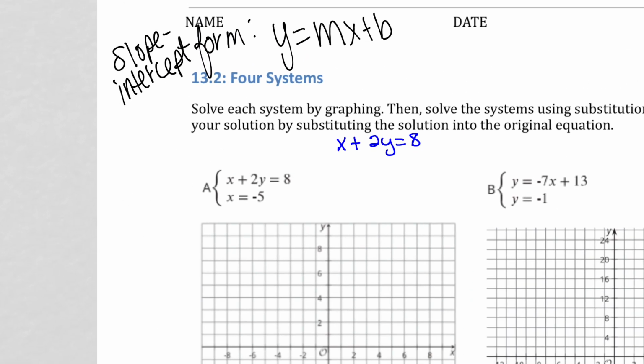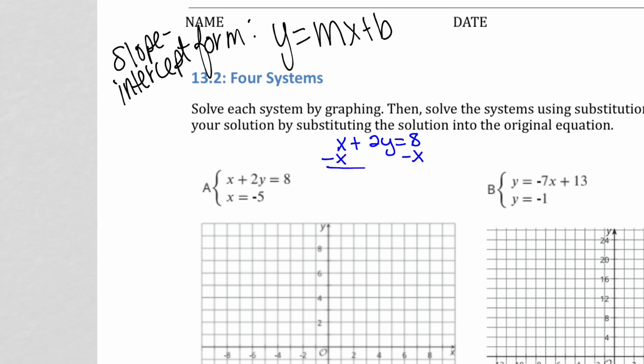No, that's the number 4. Which letter has to be isolated? The y. How do I isolate the y? Subtract what? Subtract the x.